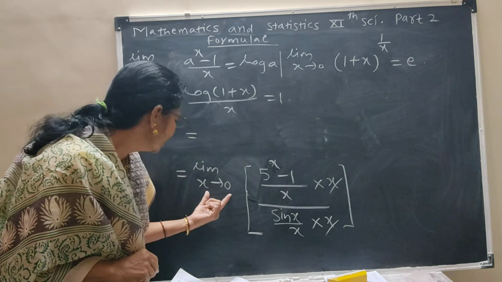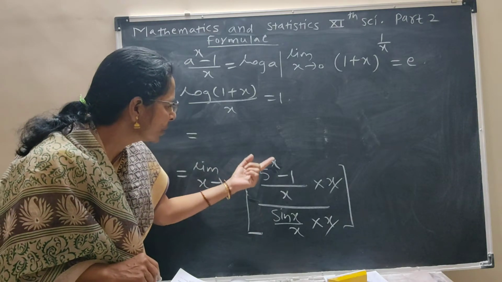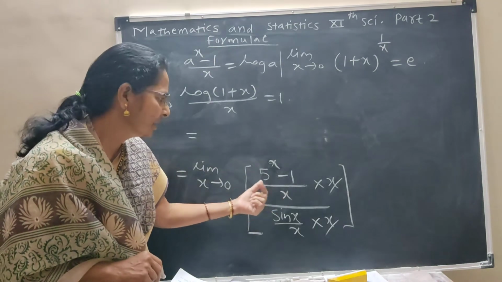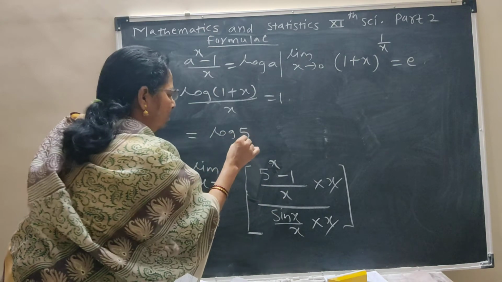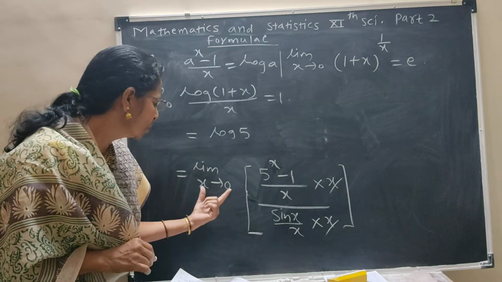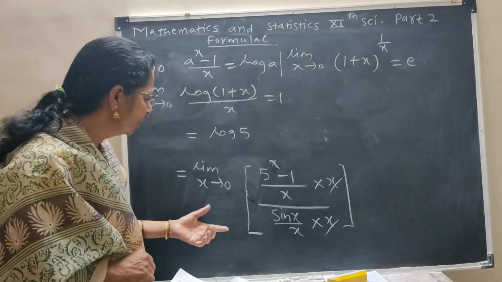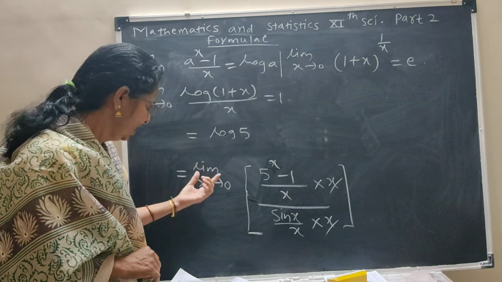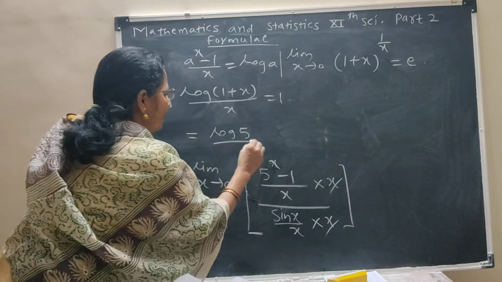At this limit, limit as x tends to 0, 5 raised to x minus 1 upon x is log 5, and you know that limit as x tends to 0, sin x upon x is 1.